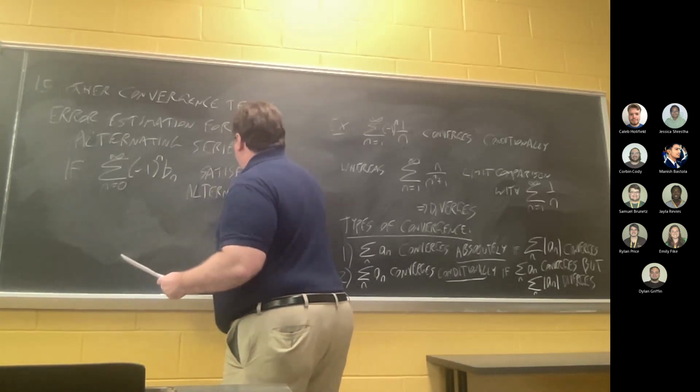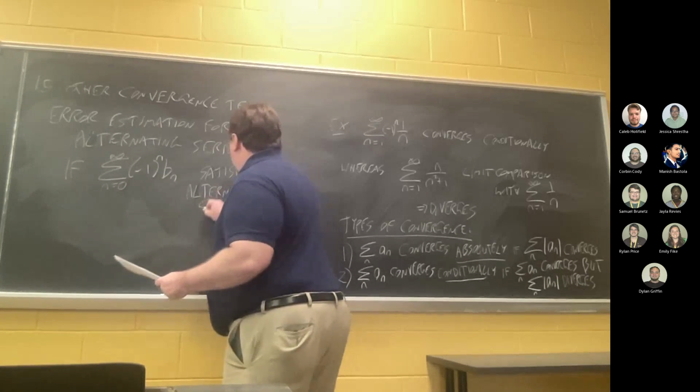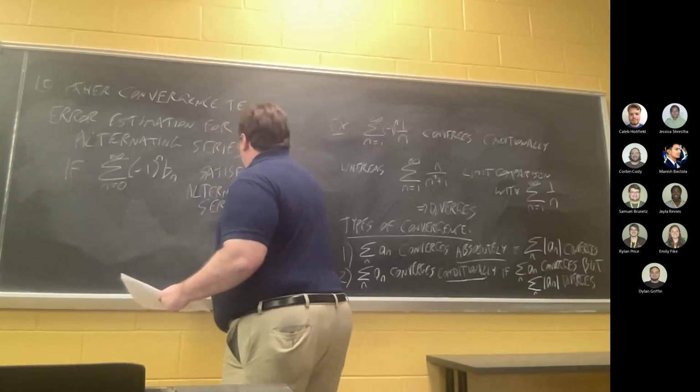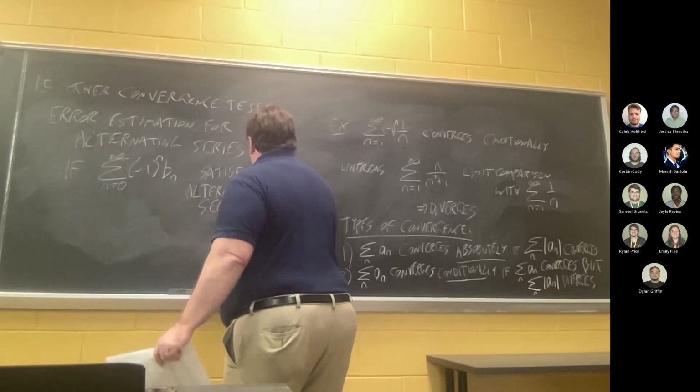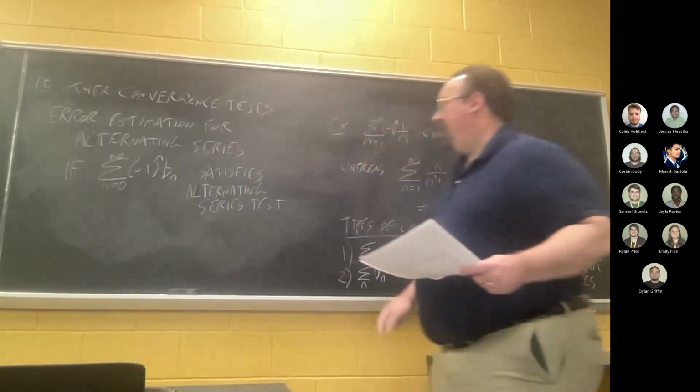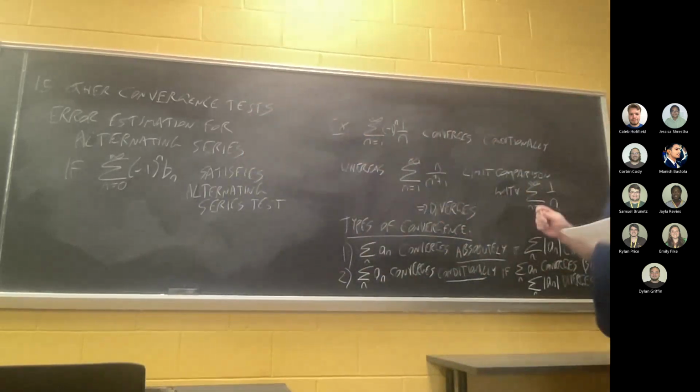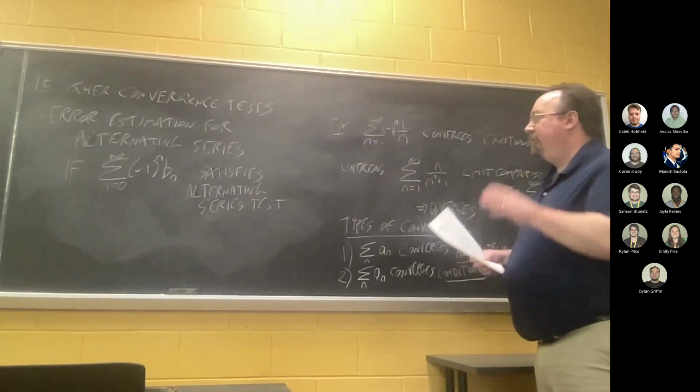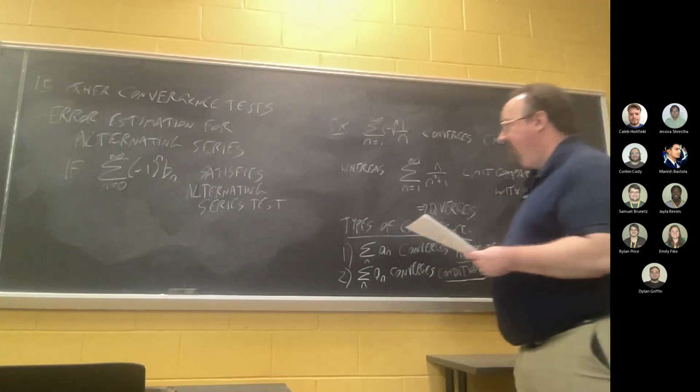Therefore, we'll know it converges. And this is another way of writing that the Bn's go to 0, the Bn's are not increasing. So those same conditions have to apply.